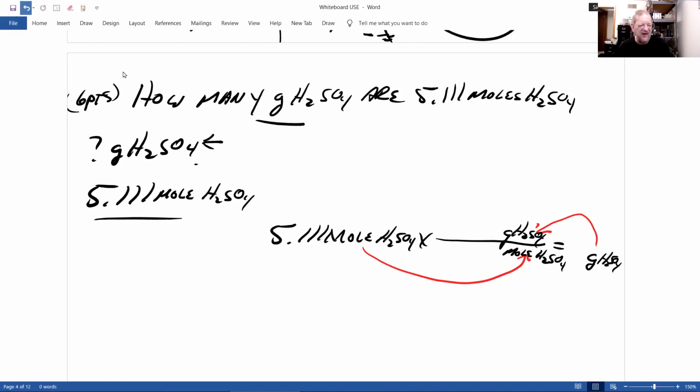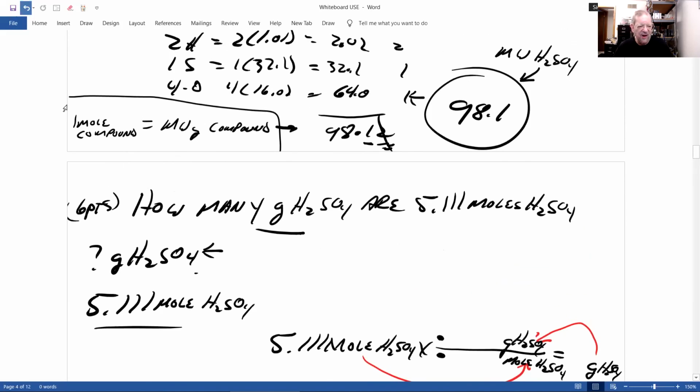On the final exam, show your work. 1, it will help you get the right answer. And 2, if you make a mistake, I can give you partial credit. Show your work. Now, where do I get a relationship between grams and moles of a compound? Right here, which will also be an important information. 1 mole of a compound equals the molecular weight of that compound. What's the molecular weight of sulfuric acid?